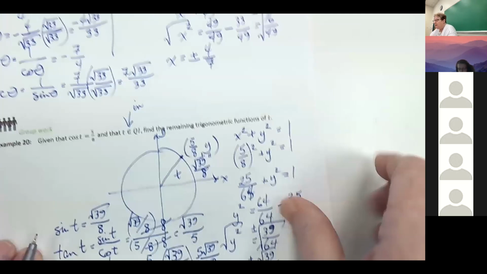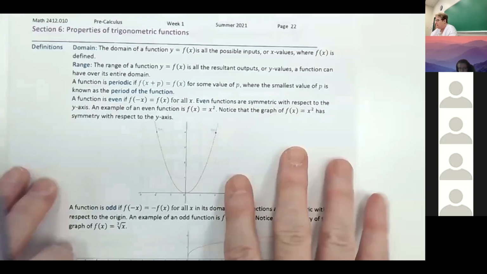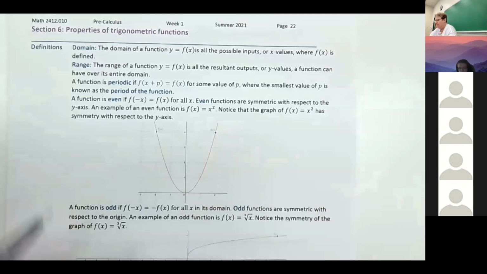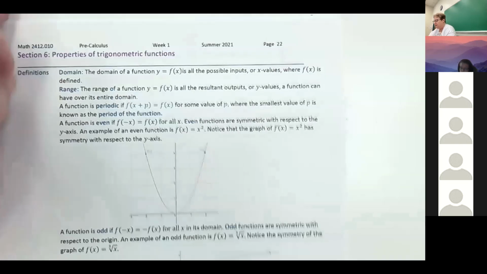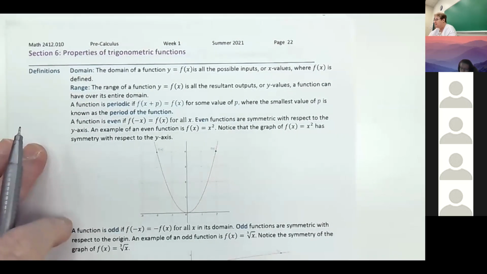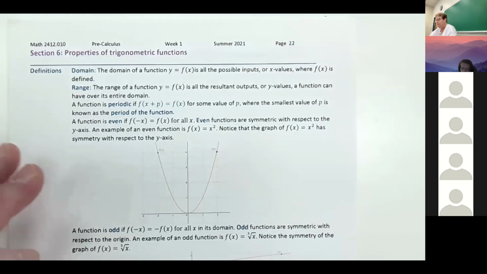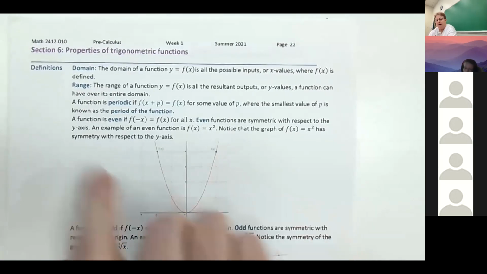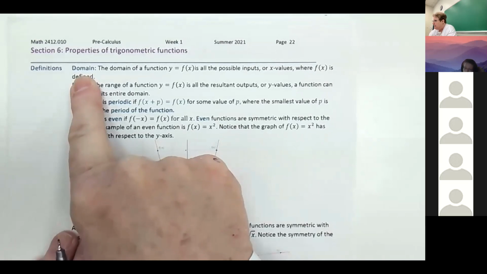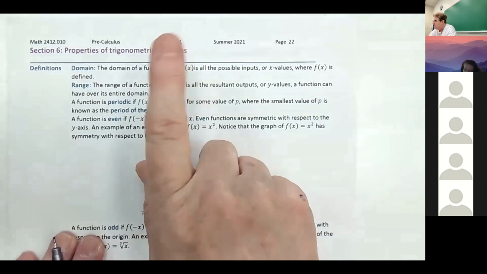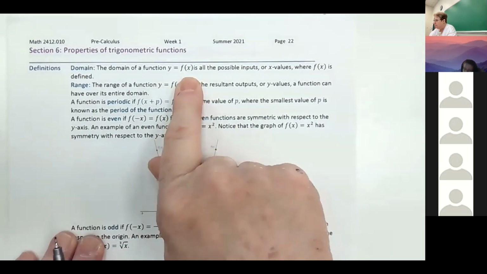Okay, I need to talk a little bit about algebra review, but I tried to make the notes complete so that all the words that we use in class are defined. The domain of a function is all the possible x values you can plug in.